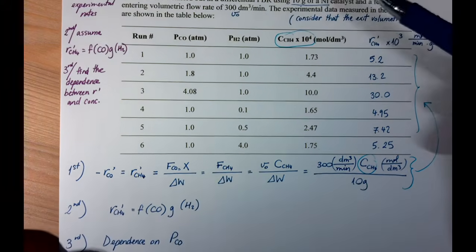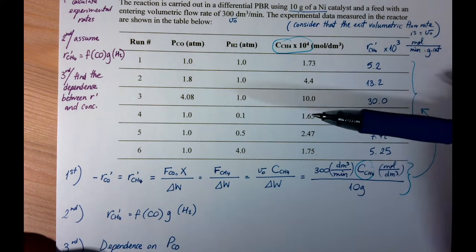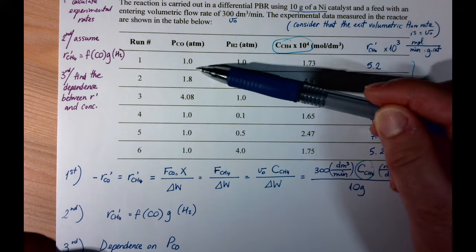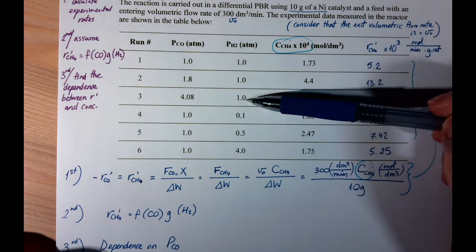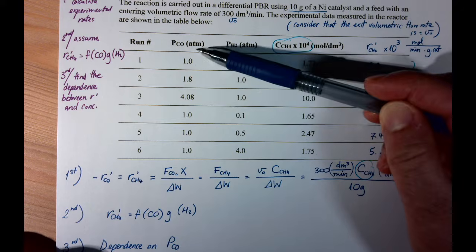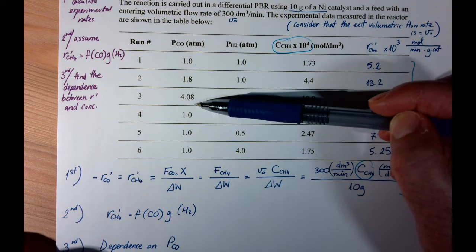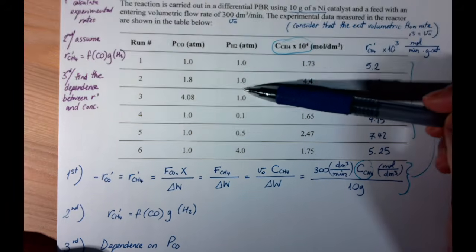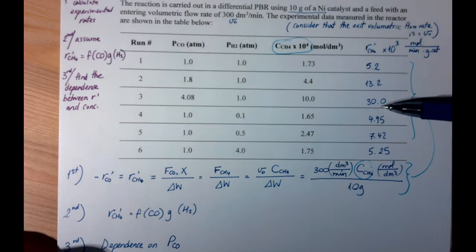Now if you go here, you're going to see that as the partial pressure of CO varies in these first 3 experiments, the partial pressure of hydrogen remains constant. We're on purpose keeping it constant, and we're varying the partial pressure of CO at the entrance of the reactor. By varying this and maintaining this constant, we're seeing that our rate is changing.